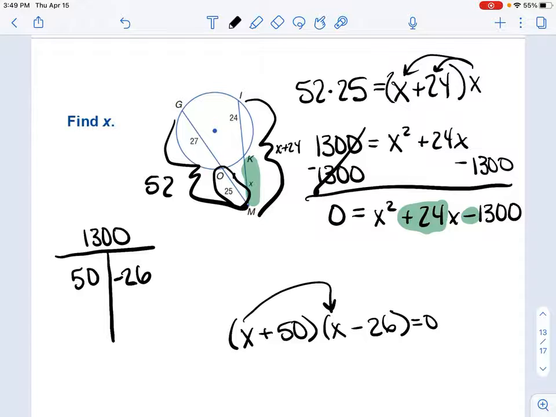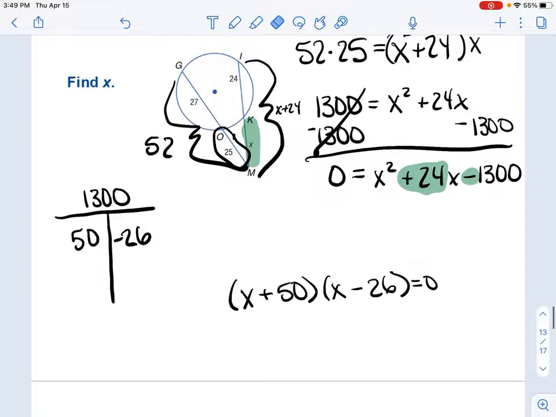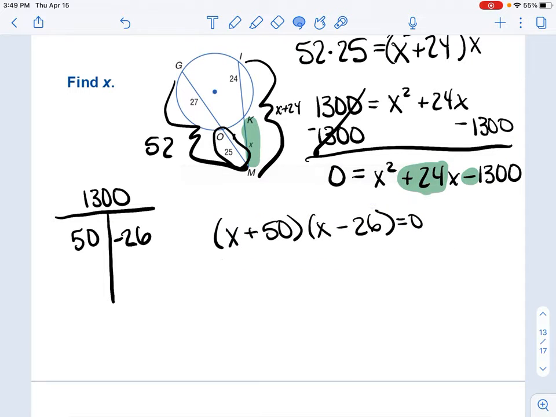Now, like I said, if you FOIL this back out, you will get back to this original problem. That's the point, okay? You're just making it easier for yourself to solve. So we can go ahead and solve these.